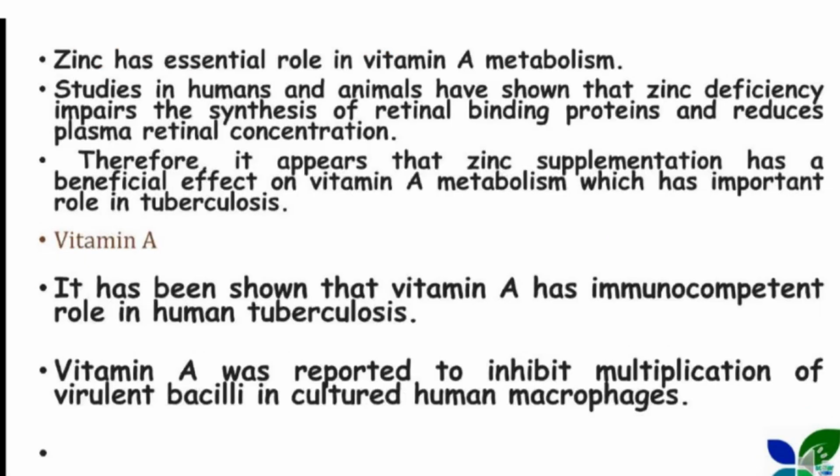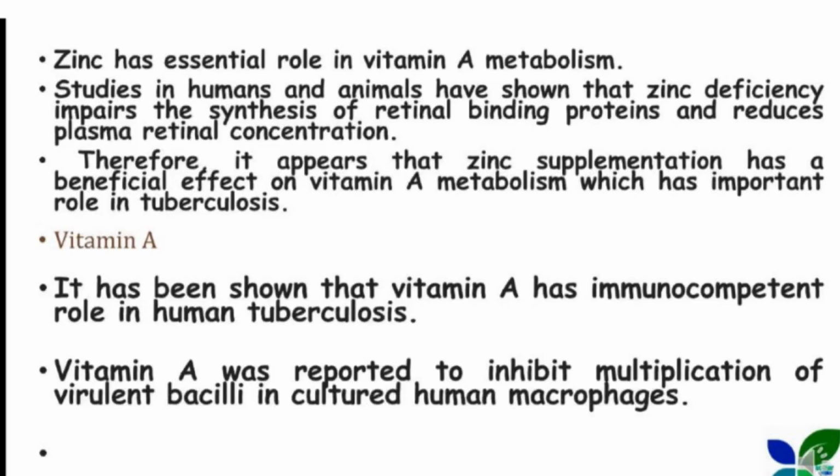Zinc has an essential role in vitamin A metabolism. Studies in humans and animals have shown that zinc deficiency impairs the synthesis of retinol binding proteins and reduces plasma retinol concentration. Therefore, it appears that zinc supplementation has a beneficial effect on vitamin A metabolism, which has an important role in tuberculosis.